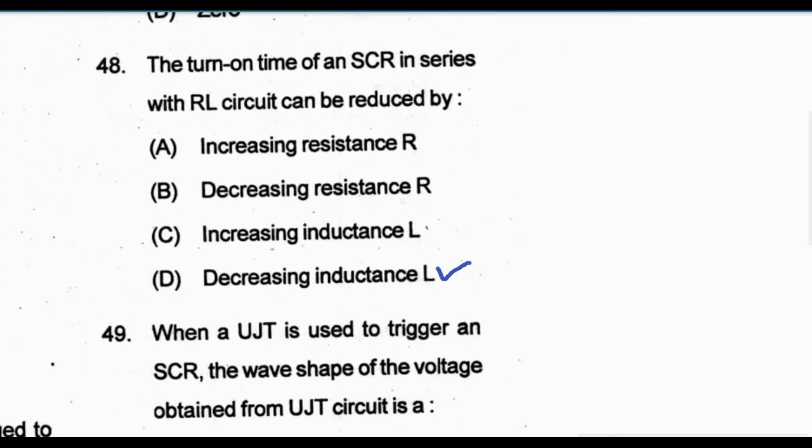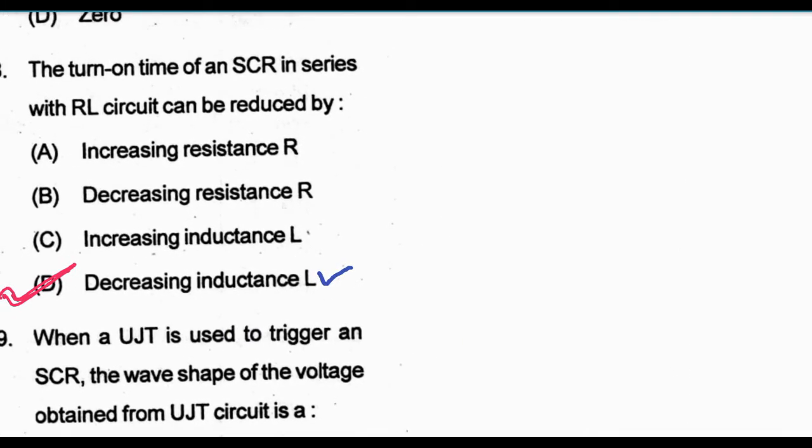Next question number 48. The turn on time of an SCR in series with an RL circuit can be reduced by: option A increasing resistance, decreasing resistance, increasing inductance, decreasing inductance. So this is decreasing the inductance value. This is because in any circuit, turn on time of SCR in a series RL circuit, not C, series RL circuit.